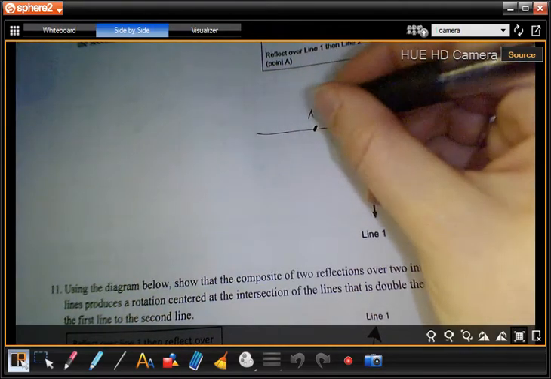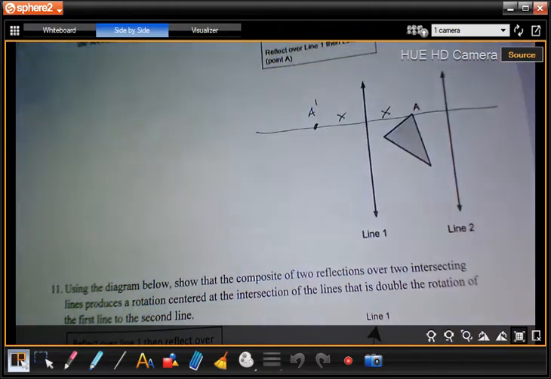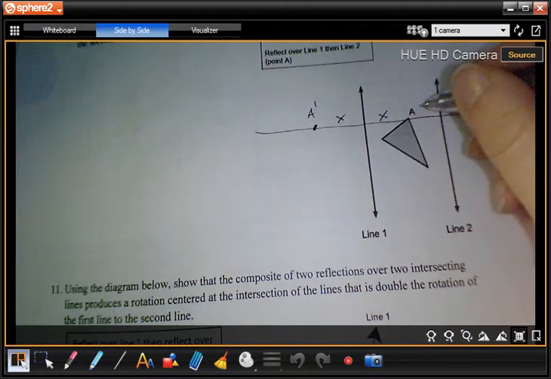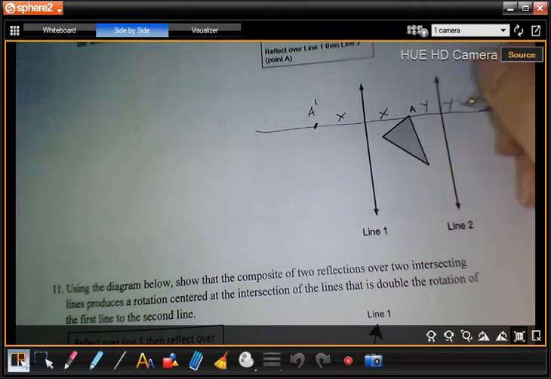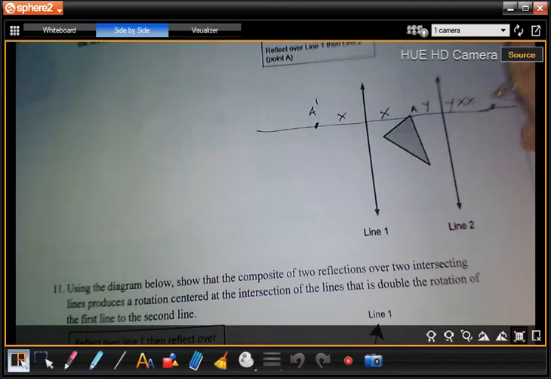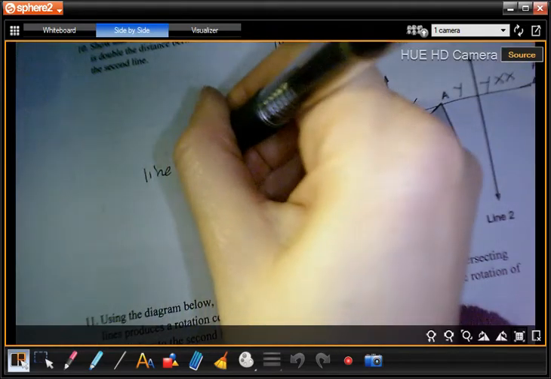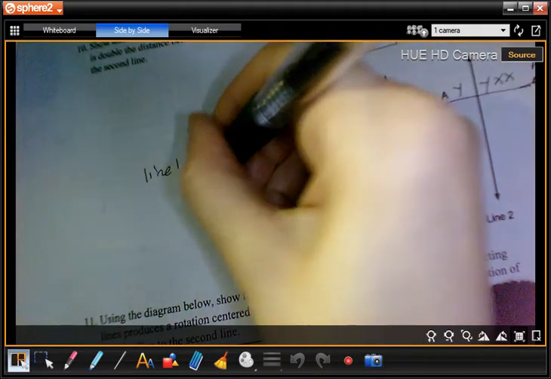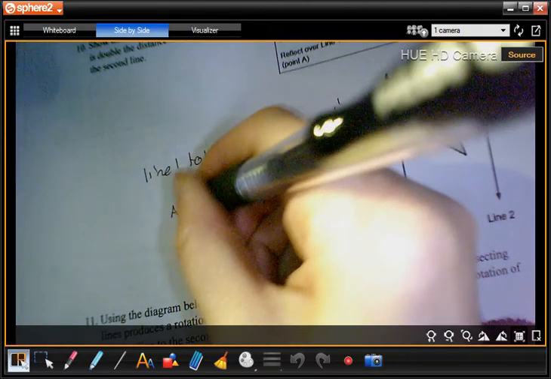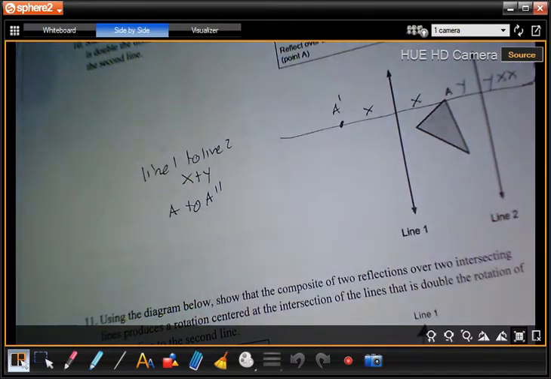We get A image is x away. A to line 2 we're going to say is y. Remember, I have to reflect this whole thing over here. That's y, x, x is image A. Line 1 to line 2 is how much? A to A double prime is what?